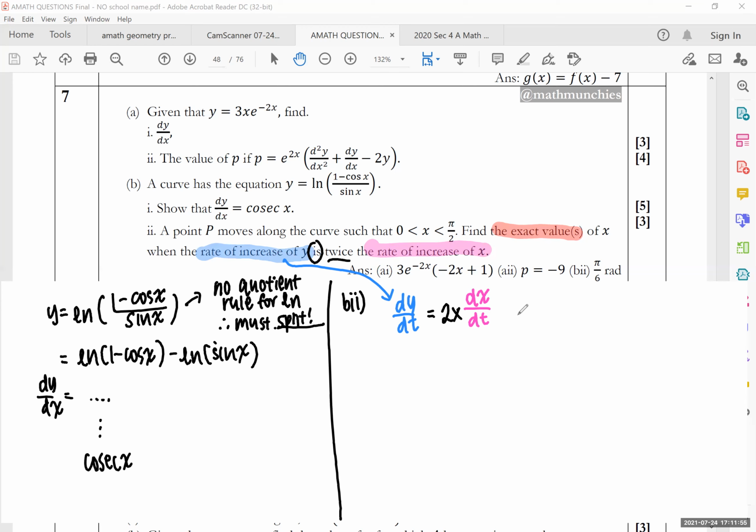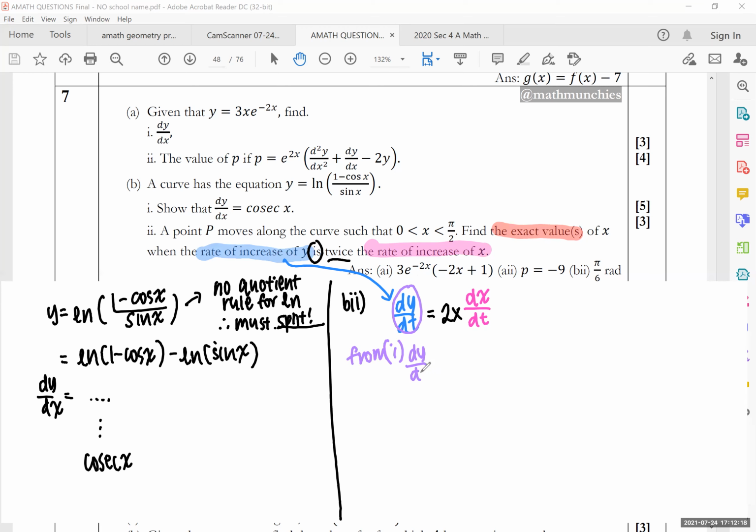But it doesn't matter because I can actually split them up. For dy/dt, what do I have from the first part? dy/dx. So I know that from part 1, I have dy/dx. So it means I can split the dy/dt, right? So dy/dt is actually equal to what?